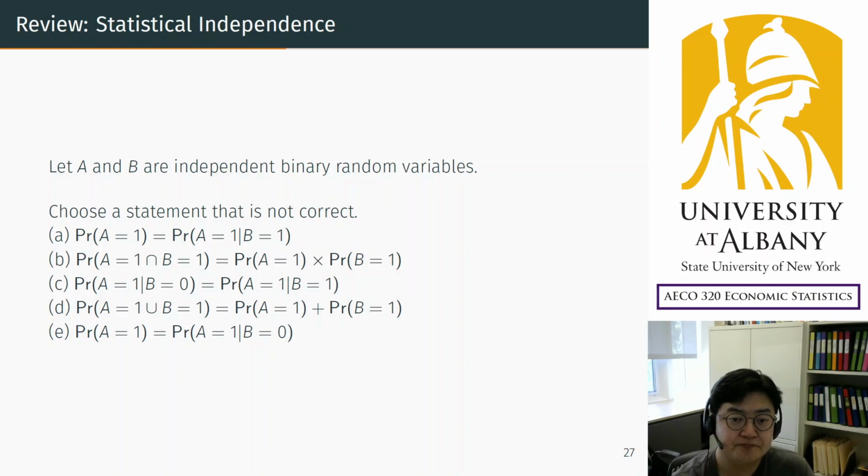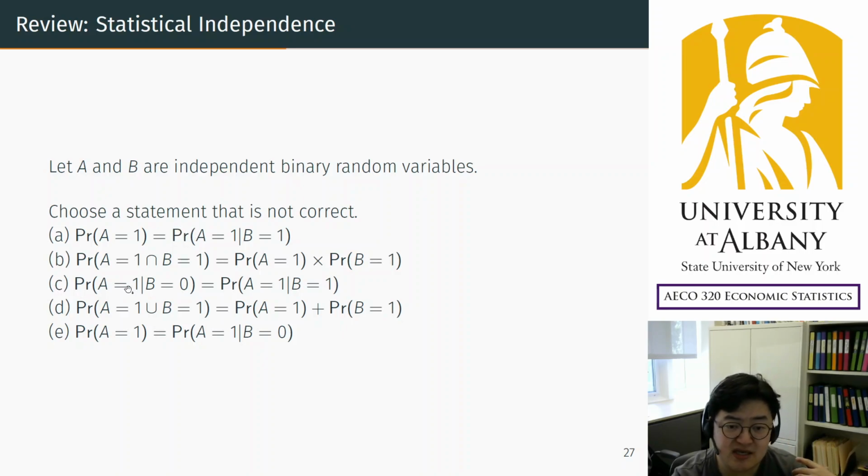One of the first things you can remember is that when A and B are independent, conditional probability equals unconditional probability. So the probability of A is not affected by the information about B. So A is correct. The unconditional probability of A equals the probability of A when B already happened. That's the definition of independence.